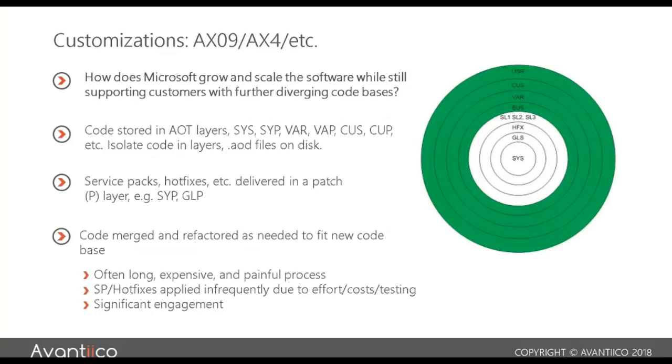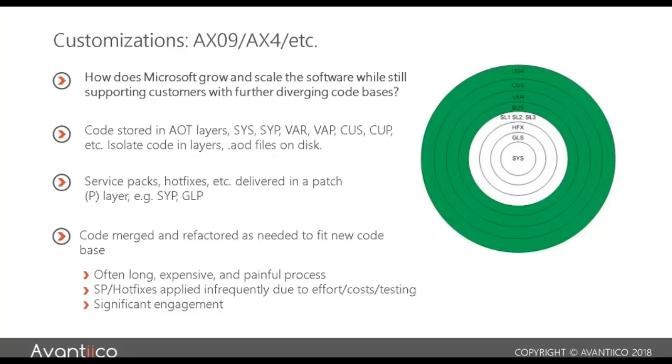In 2009 and 4.0 and 3.0, since the very beginning of AX, you can customize the system. Microsoft would deliver the code in a layer, a sys layer for example, and you would then overlay your code on top of that. So if you modified the customer screen, your customization would literally sit on top of Microsoft's code.